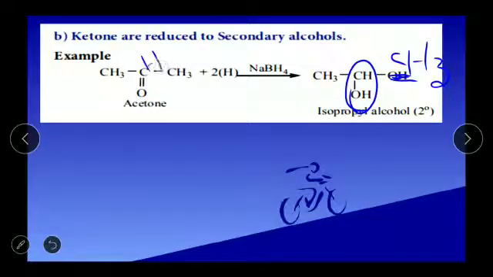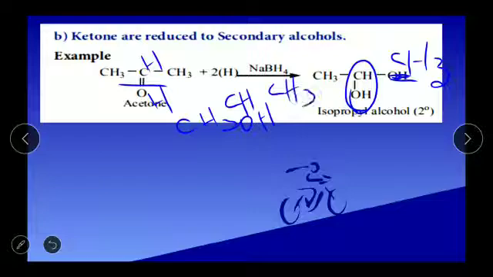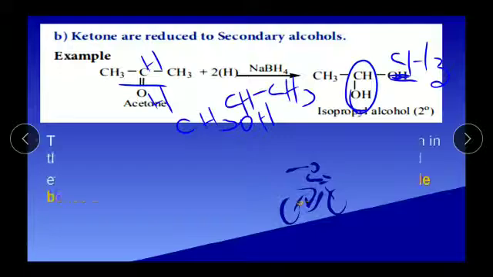After cleavage of the double bond we get CH3CHOHCH3. So it is a secondary alcohol. So ketones are reduced to secondary alcohols.